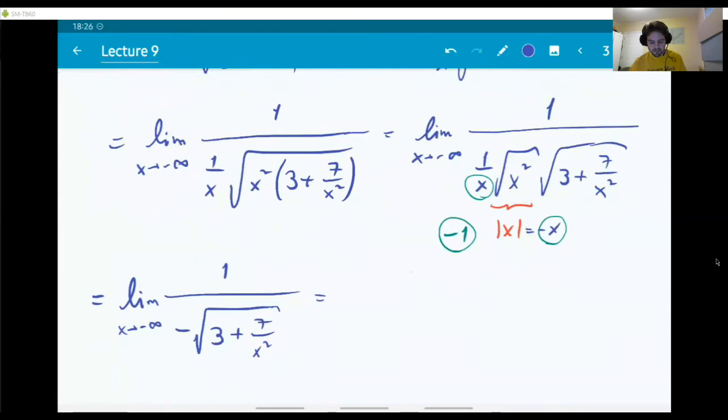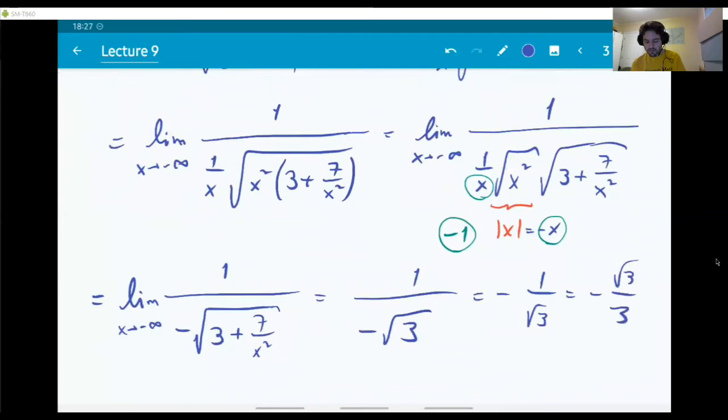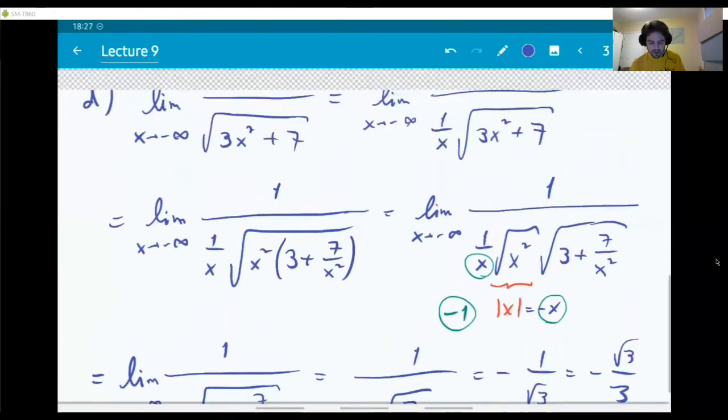This time we can actually plug in negative infinity: the 7 over x squared term just becomes a 0. So this is your final answer here, 1 over negative root 3, which, by the way, there are many ways to write this. If you rationalize, if you bring the negative outside, but as long as you got the right answer, this should be fine. So this is a finite limit at infinity.